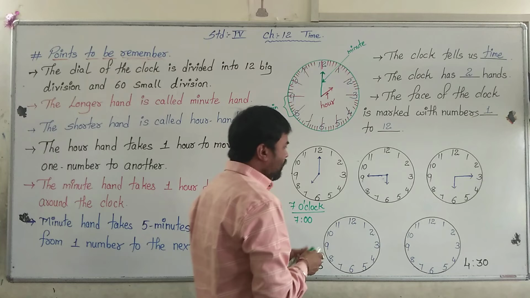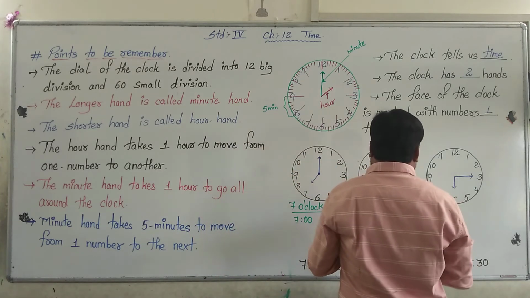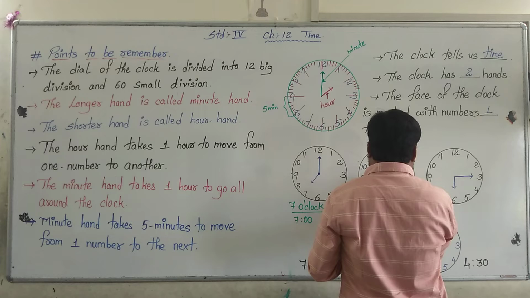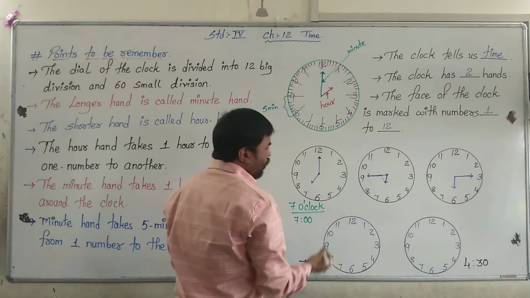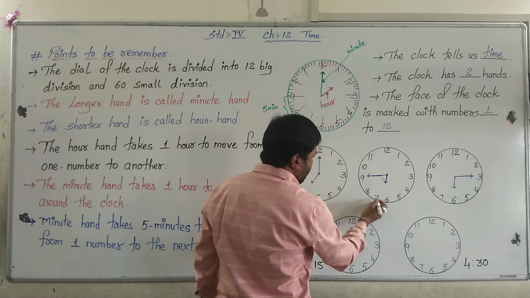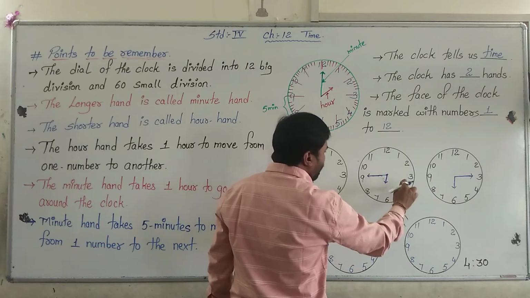Right? Sure. Next, you can see that the hour hand, the smaller hand, is somewhat nearer to 7. કોની પાસે છે? 7 પાસે છે. So its time is about to be 7 o'clock. 7 વાગવાના છે.